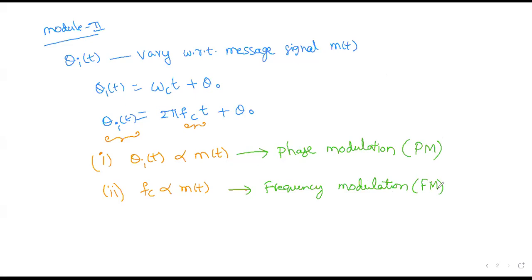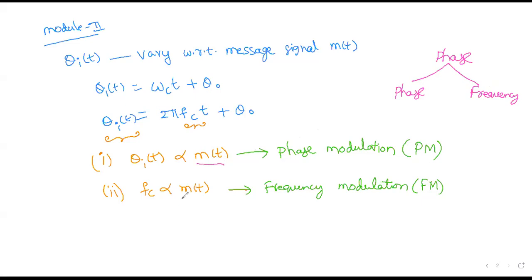But I want all of you to understand the following: whether you change fc or you directly change theta I of t, ultimately the phase of the unmodulated carrier signal is going to change. Hence, phase you can change in two ways: directly change the phase with respect to the message signal, or change the frequency of the carrier signal with respect to the message signal.